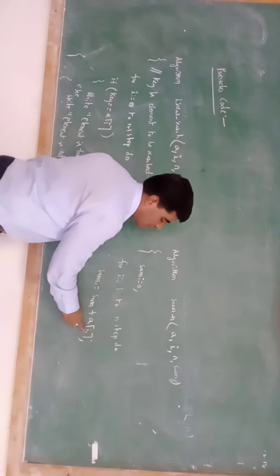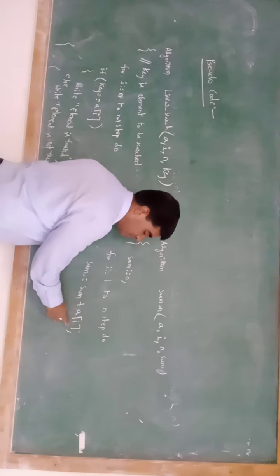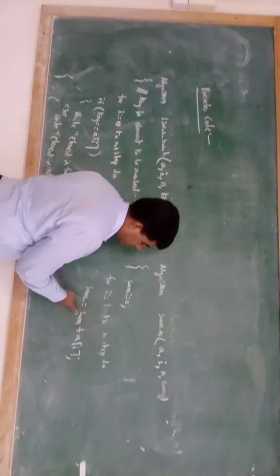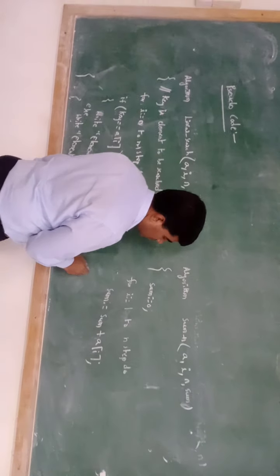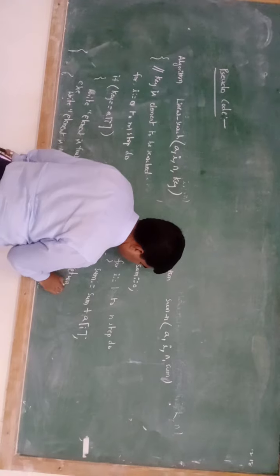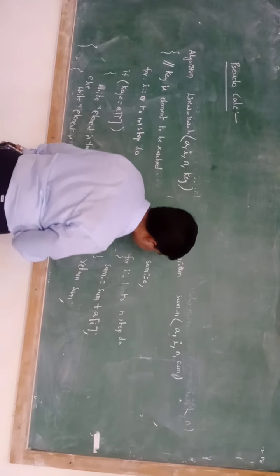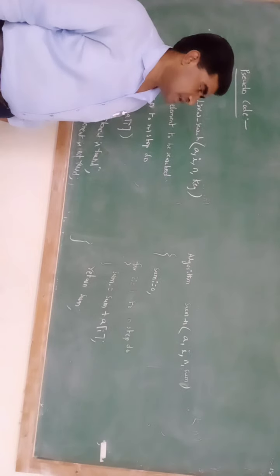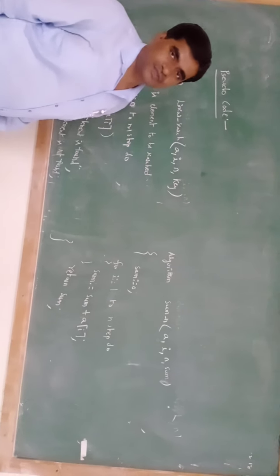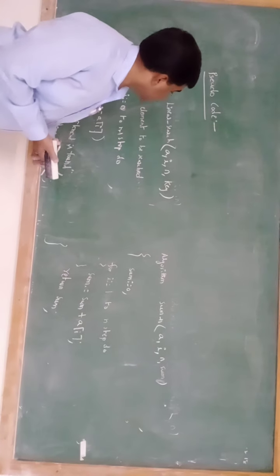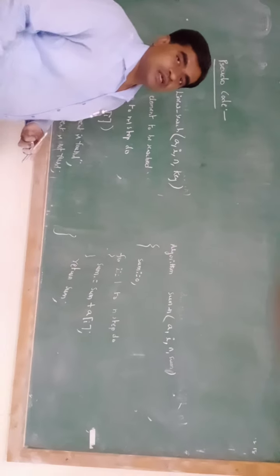A of 1, a of 2, a of 3, a of 4, like that. One by one we are storing the values. Those values we are returning. So next, finally, what do we have to do? Return sum. So that is the sum of n numbers. We are writing the algorithm levels. Okay, so like this we are writing the algorithm using pseudocode.